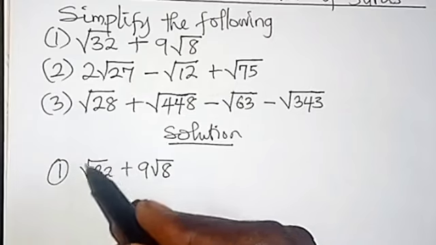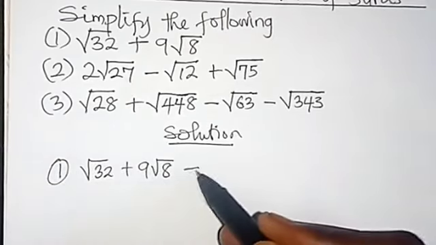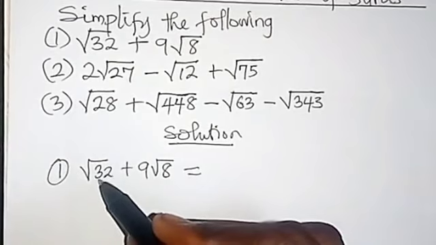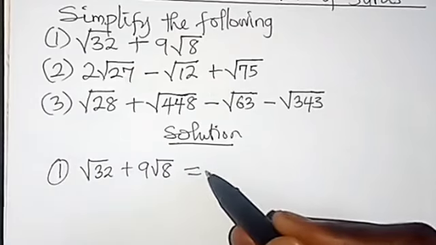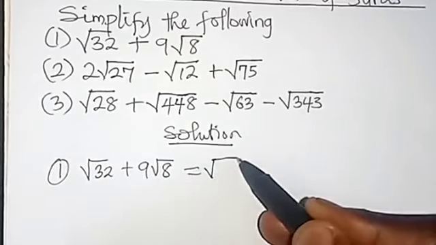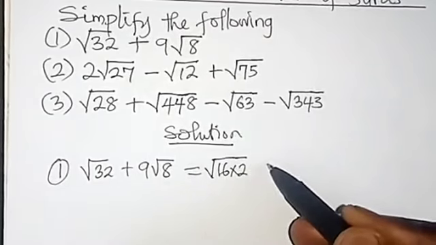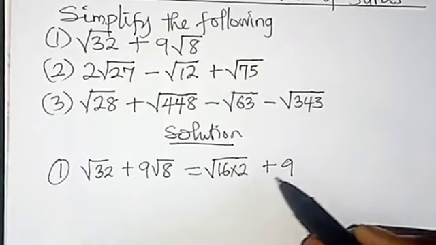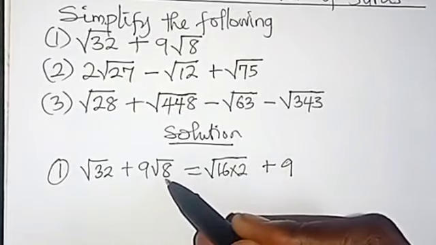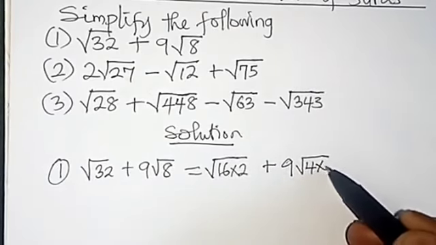Now we need to simplify this further. Inside here, if I divide 32 by 2, I will have 16, and 16 is a perfect square. So this can be expressed as root of 16 times 2. Then we have plus, I'll keep my 9. Then 8, if I divide 8 by 2, I will have 4, so it can be expressed as root of 4 times 2.